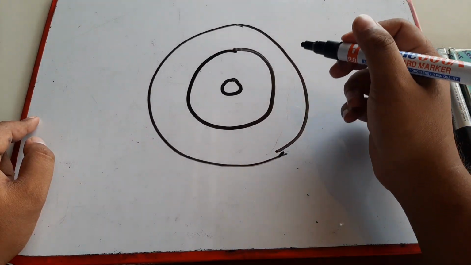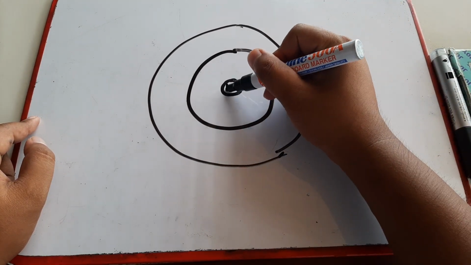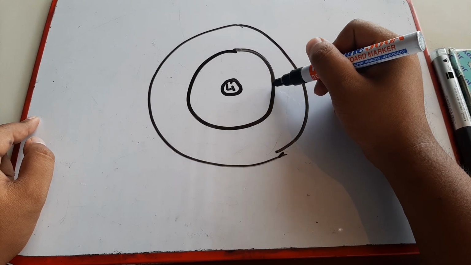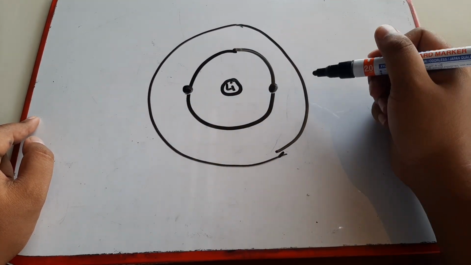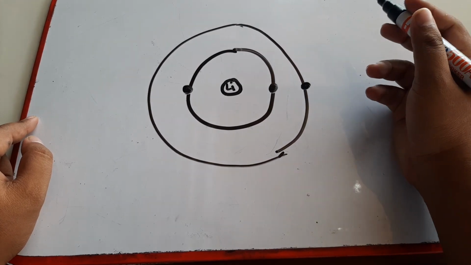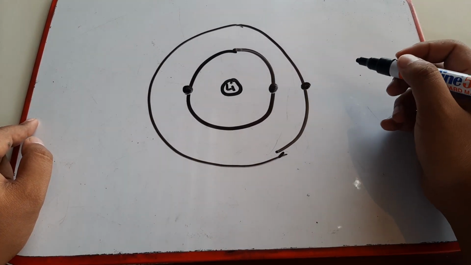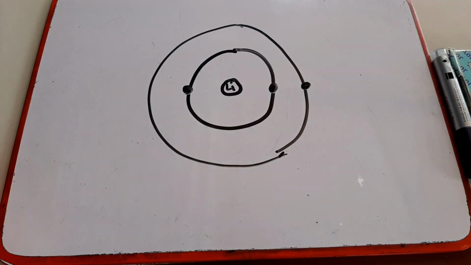Say for instance, we are talking about lithium. This is the nucleus of your lithium. We have 2 electrons which lie on the first energy level, and we have the third electron because the atomic number is 3. So lithium has 3 electrons. This will be our model.